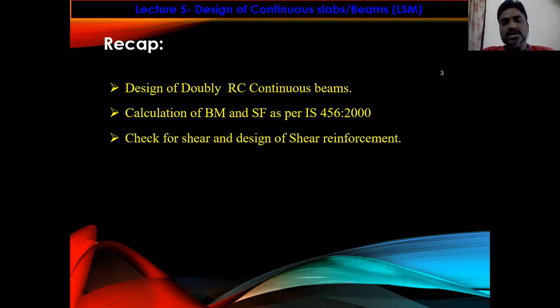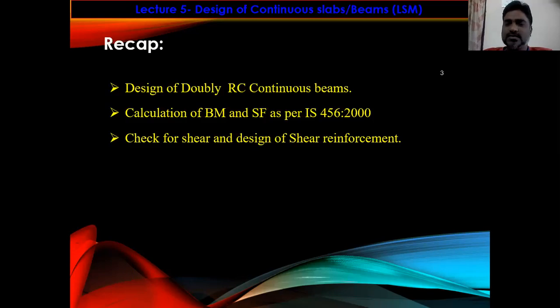How to design a continuous beam based upon the limit state method as per the method proposed by IS 456 2000, and how to use the coefficients, that is bending moment coefficients as well as shear force coefficients proposed by IS 456 2000. And we have designed a singly reinforced continuous beam as well as a doubly reinforced continuous beam also, right?